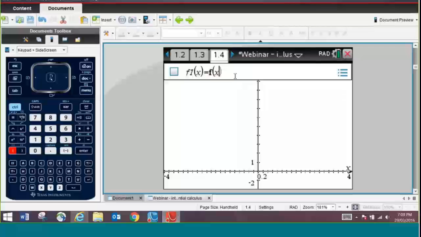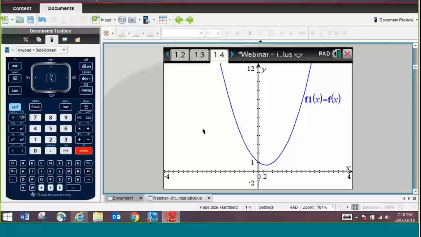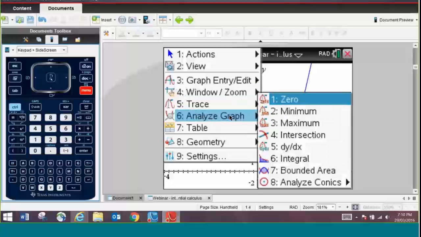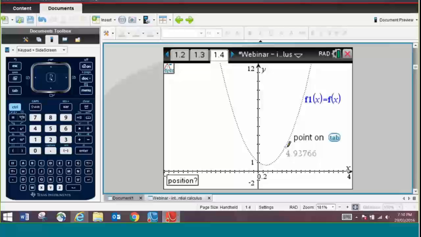So here I just need to put in f of x, and you'll notice that it's bolded here because it has been defined on a previous page, and there it is there. So using the menu in the graph settings with the analyze graph, there's a whole lot of things that we can analyze on that graph, but I'm interested in the gradient at the moment, so I'll take that gradient, and I can position my cursor and it will tell me the gradient at various points.